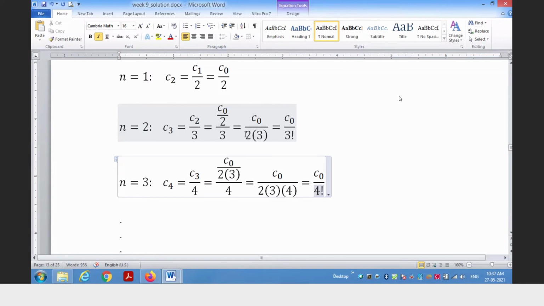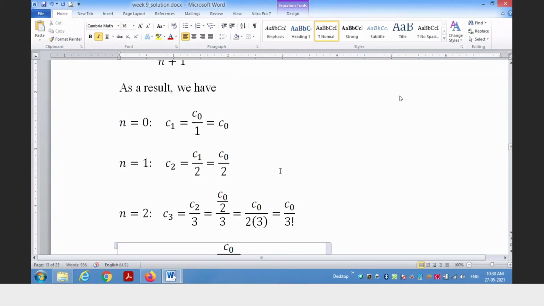We times 1 there, it remains unchanged, 3 factorial. This is equal to 4 times 3 times 2 times 1, so this is 4 factorial. Okay, so we see some pattern here.